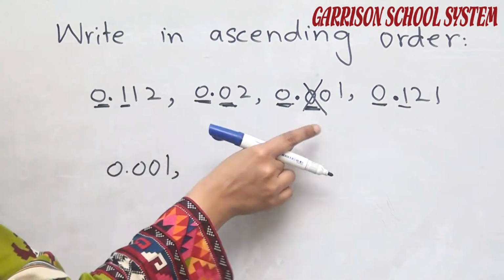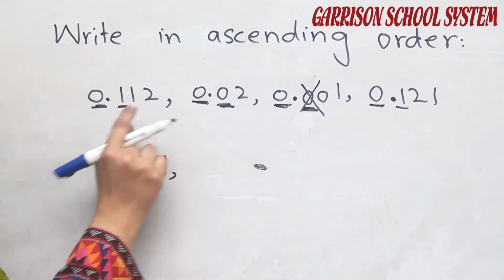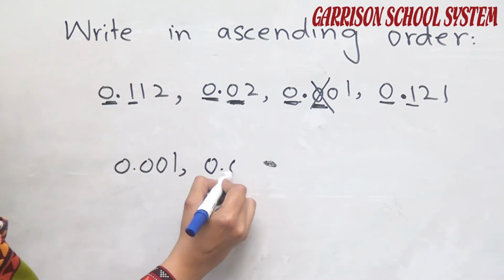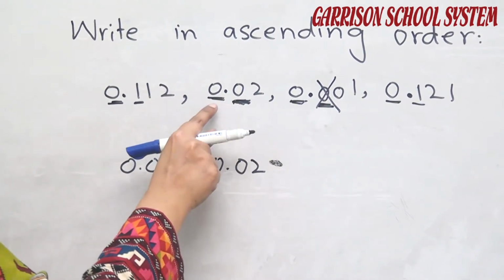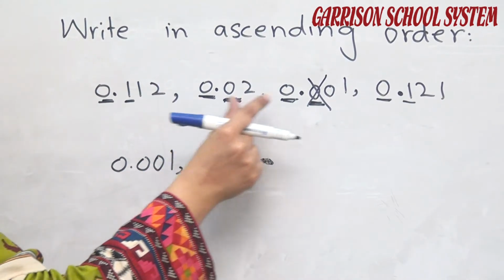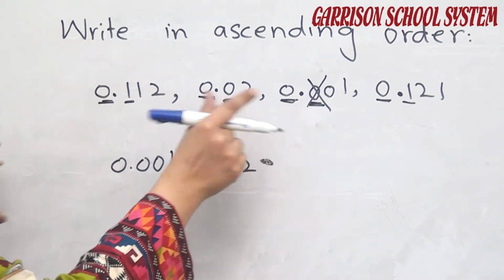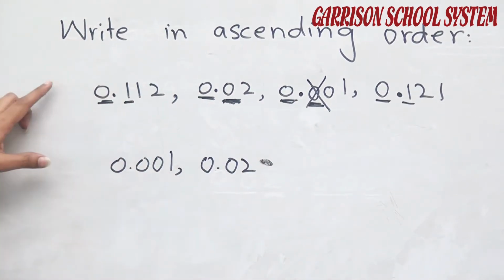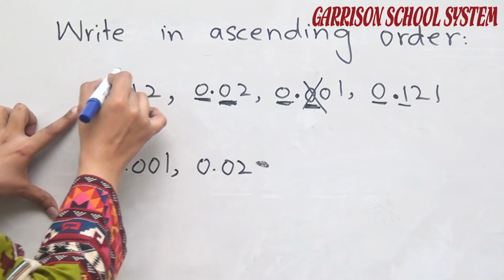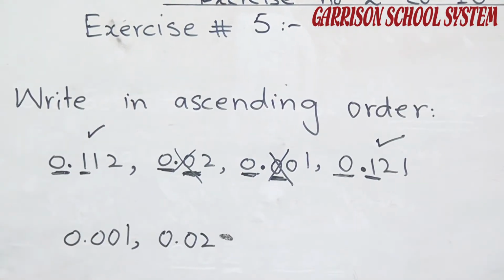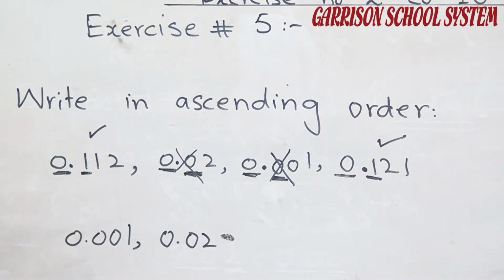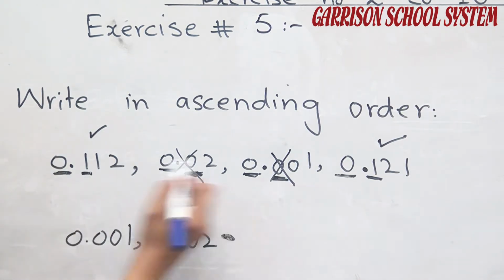After this we have three numbers, and this will be the smaller one, because both of these numbers have 0 in the first two digits. After this, compare these two numbers. Now students, we have these two numbers.